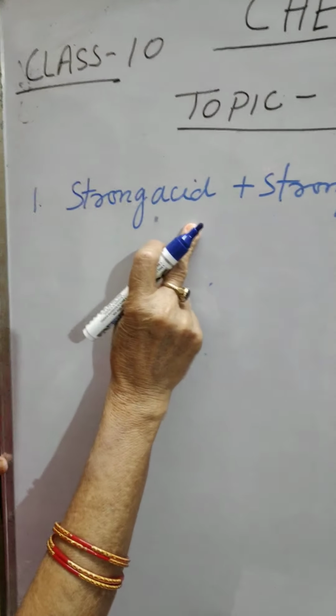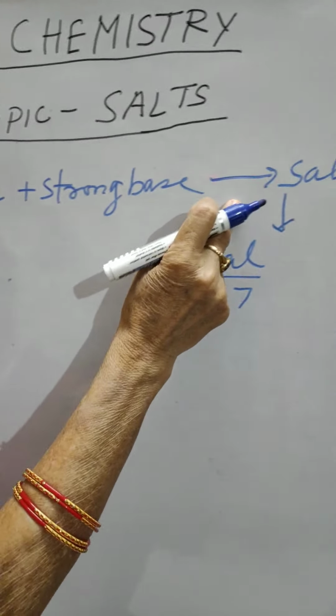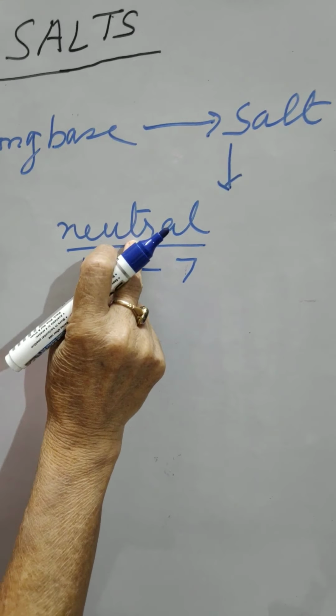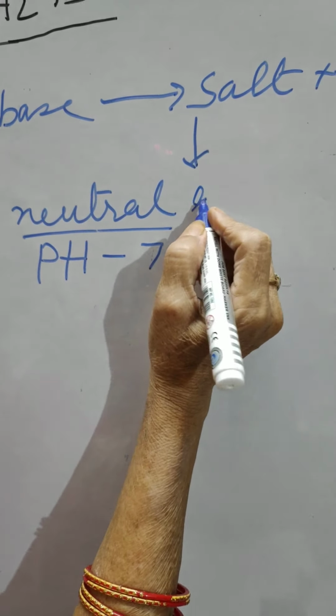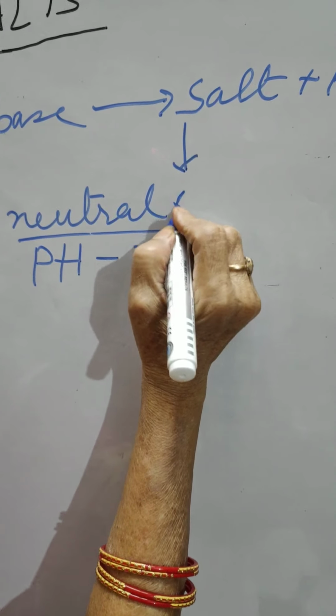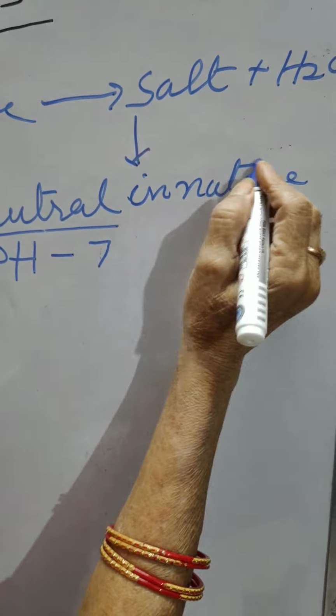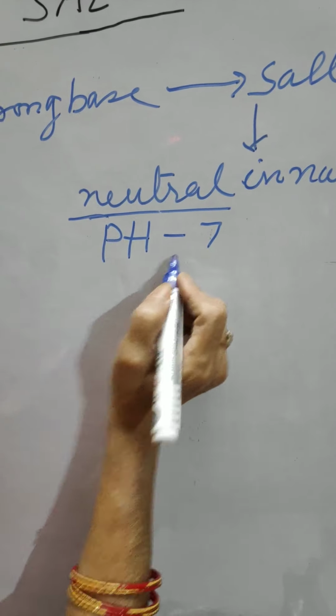This type of salt is neutral in nature, and the pH value will be 7 because water is neutral, the pH is 7.